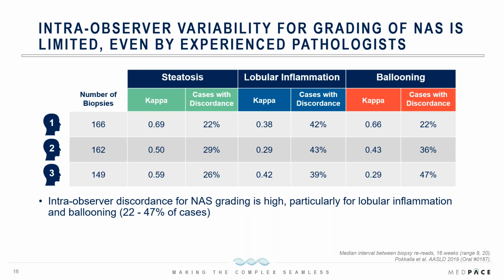If you've worked in these studies and you face the challenges of including patients, you're often faced with the fact that ballooning is the one criterion that many of our patients didn't get that score.